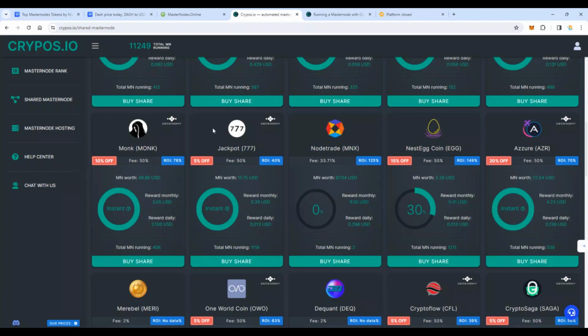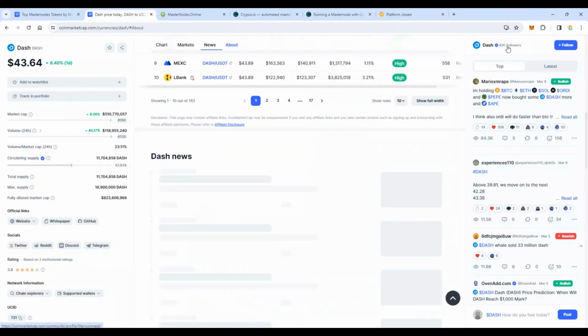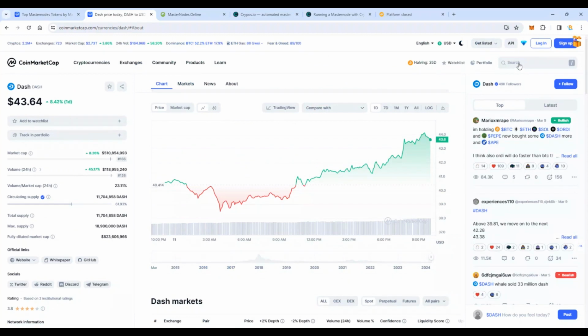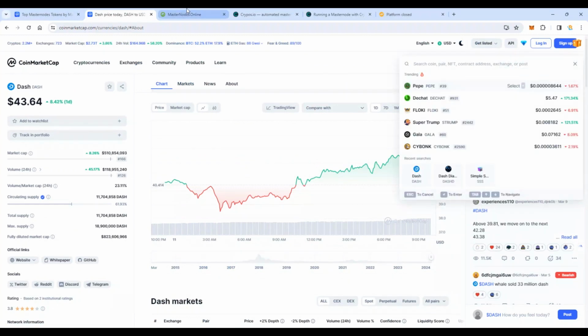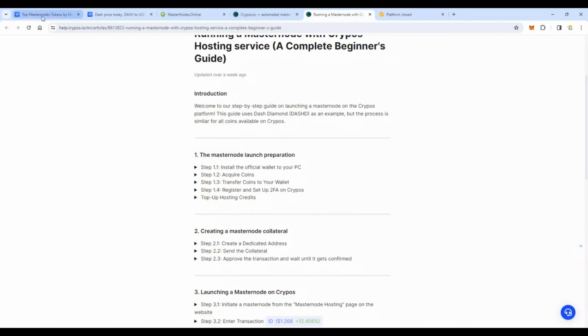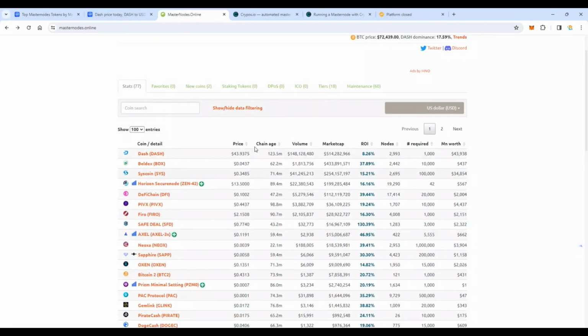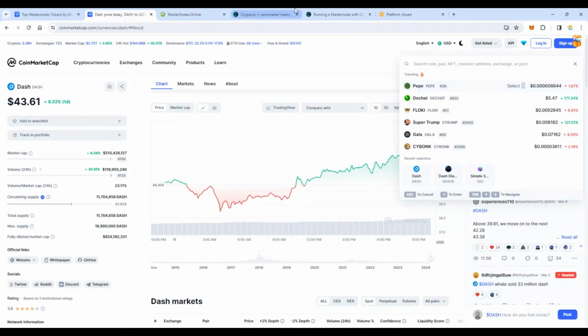Okay, so you can see we have a masternode like this one. It's called Jackpot. Before you run any masternode, it's important that you get to understand more about the project. And where do you get that information? CoinMarketCap. So you come to CoinMarketCap and look for Jackpot 777. But like I said, most of these masternodes, you will not find them impressive on CoinMarketCap.